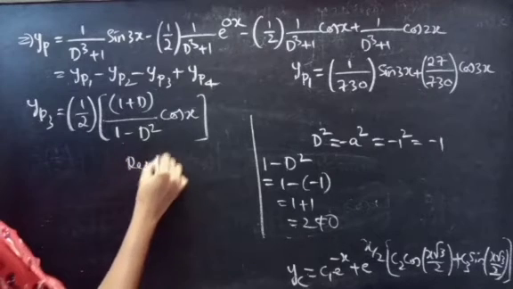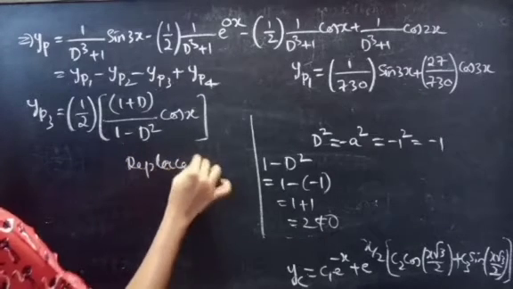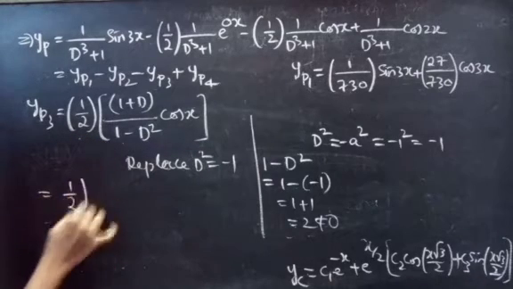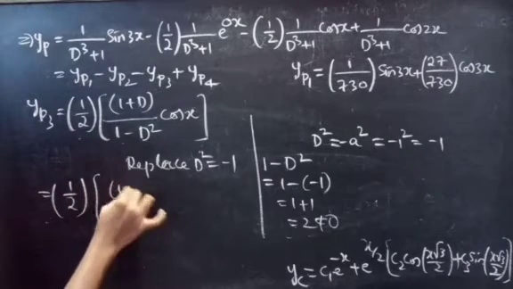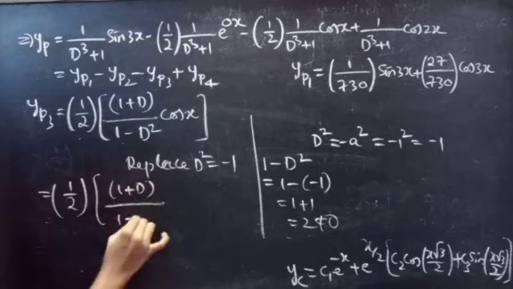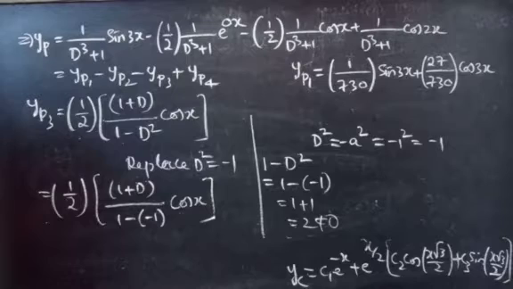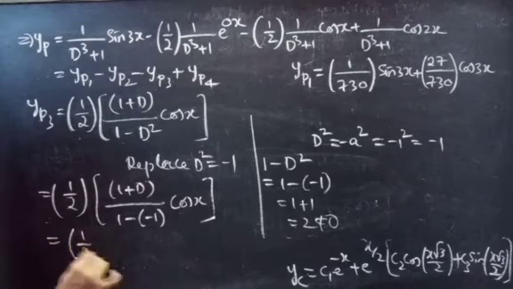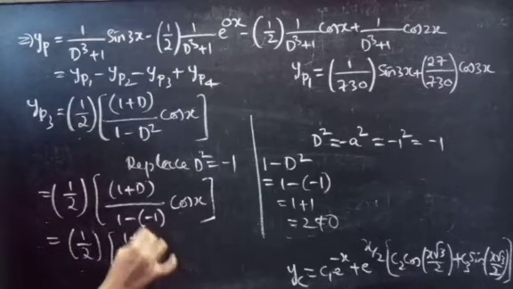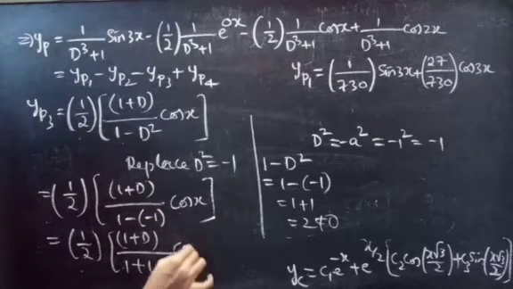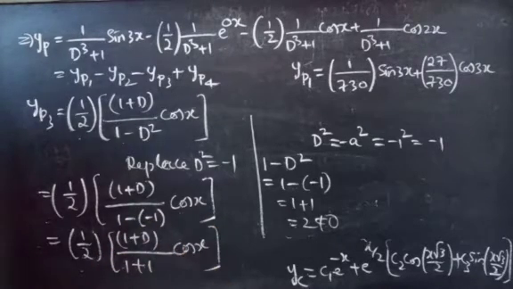So let's replace d square by minus 1. Then this becomes 1 by 2 into 1 plus d by 1 minus of minus 1 into cos x, which equals 1 by 2 into 1 plus d by 1 minus into minus plus 1 into cos x.